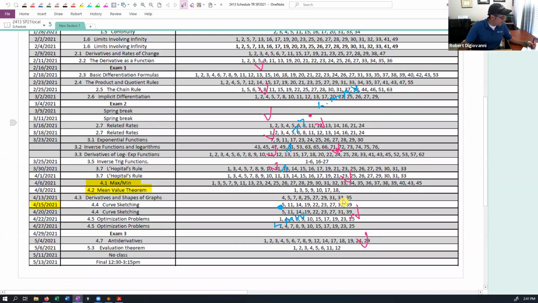So I would say focus a lot of your attention on it. For every problem that you see here, they all have multiple parts, A, B, C, D. For homework, just do parts A and B. Part A says find where it's increasing and decreasing. Part B says find the local max and mins. That's what we've been doing. We're only halfway through this section. So next class we'll come back and do the other part of this section, and then you'll be able to answer parts C and D.